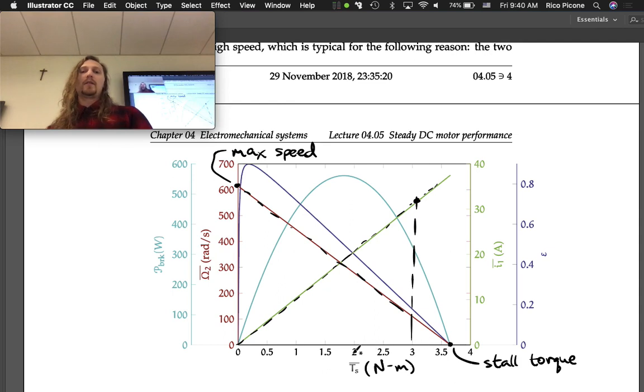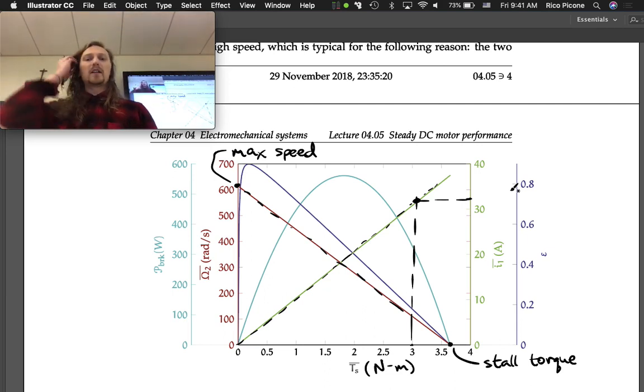So if you brake to 3 Newton meters, so say you have this brake that you can apply a certain torque, you know what it is, and you wait till it settles into a new steady state, then the current that's going to be flowing through your motor is going to be over 30 amps. So that's corresponding to this axis, the green axis here. So that's significant as well.